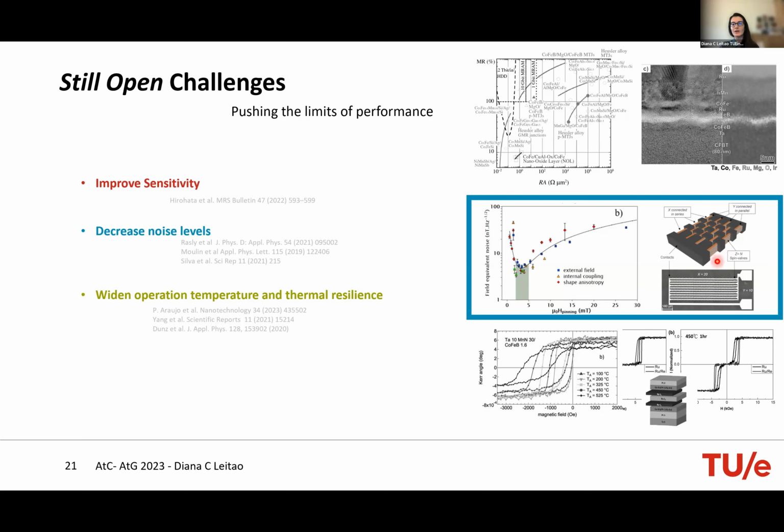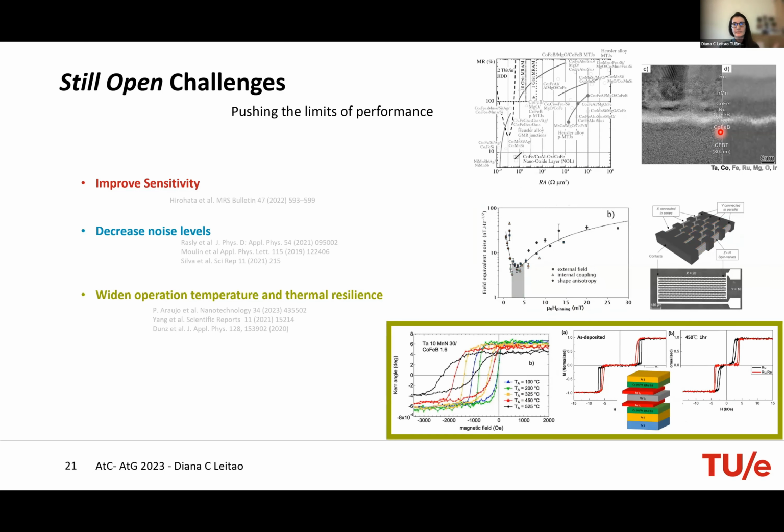We can also think more in terms of design, in the vertical, the multiple stack, the arrays of sensors. These have been shown to significantly increase the detectivity. And also consider different materials such as cobalt iron boron tantalum, cobalt iron boron silicon for the free layer.